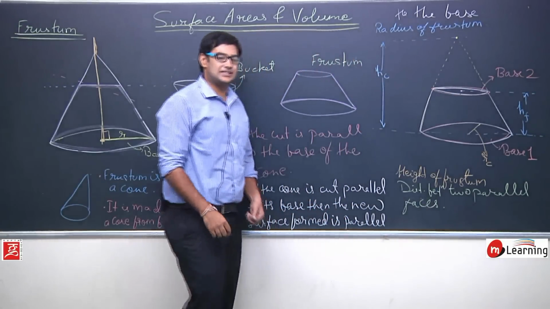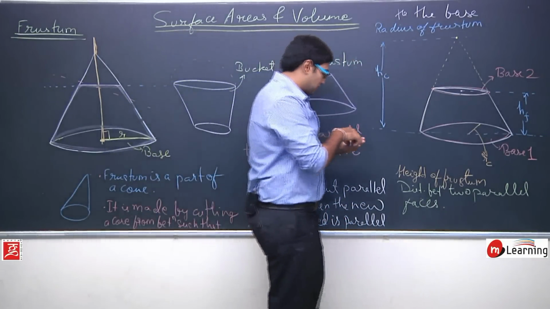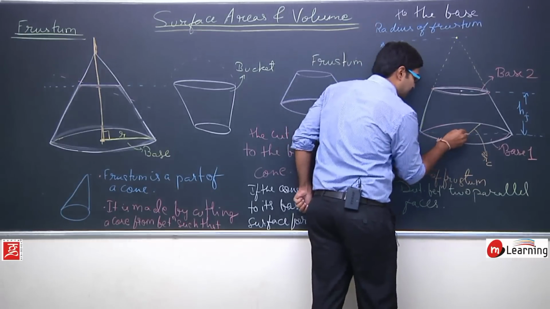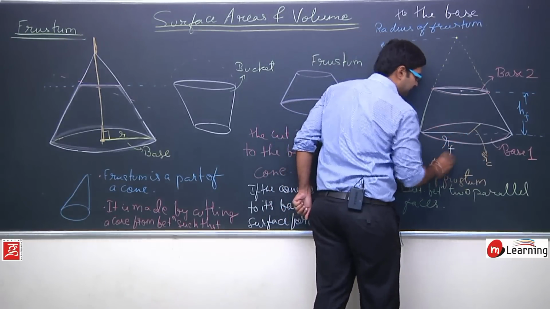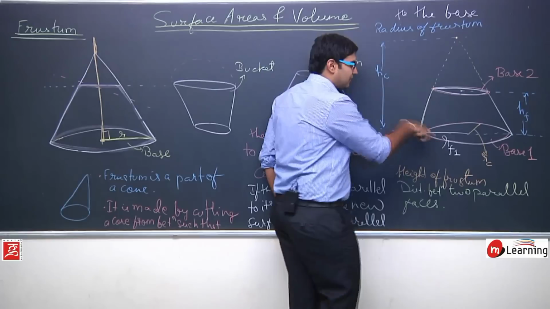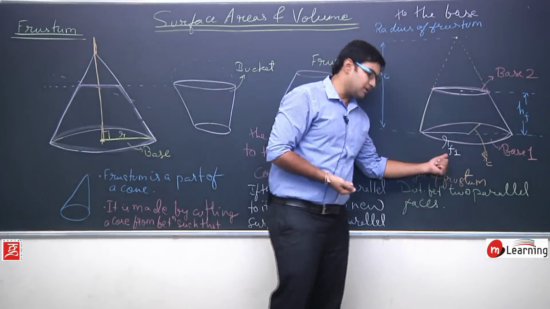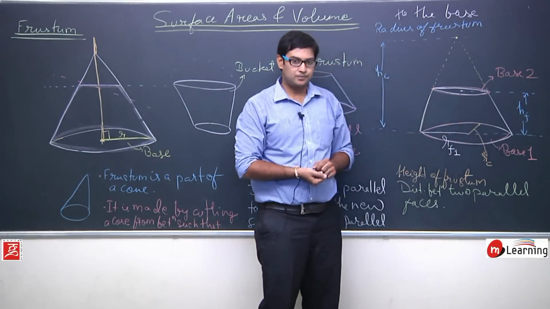So we have two bases in the frustum, base 1 and base 2. The radius of this base will be known as the radius of base 1 of frustum, RF1.